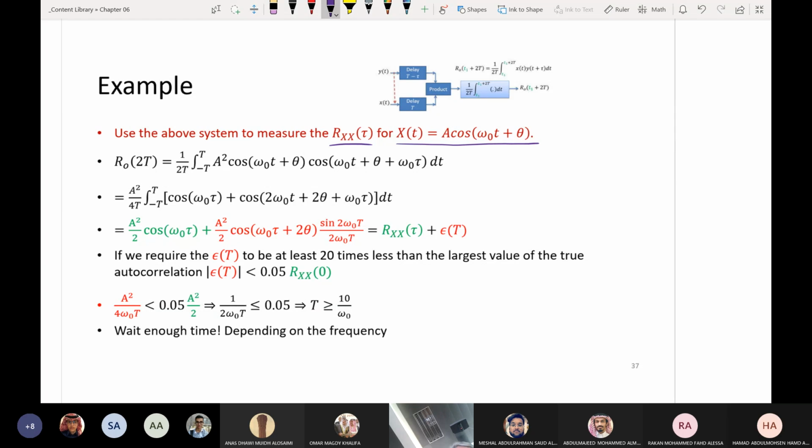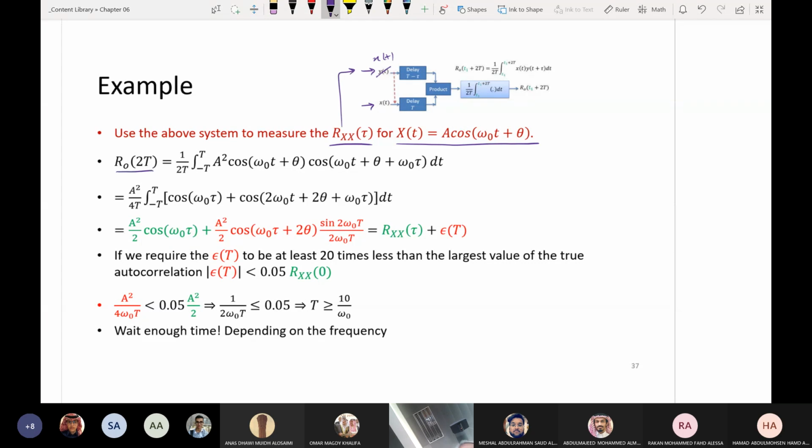Remember this. So basically we take x of t and we take here x of t delayed. Because we are interested in the autocorrelation function.